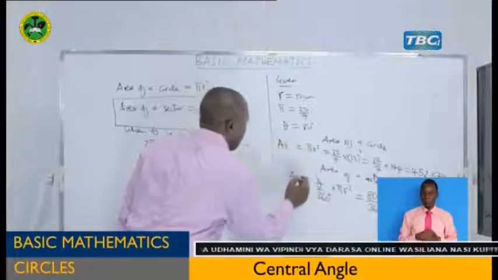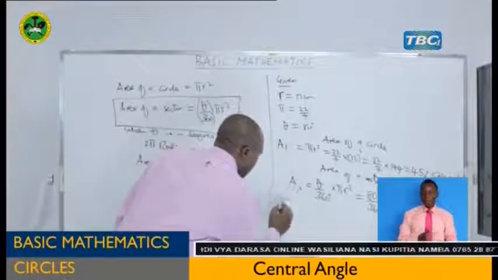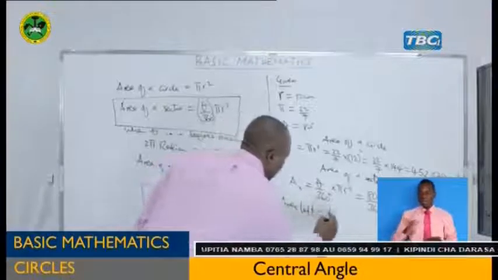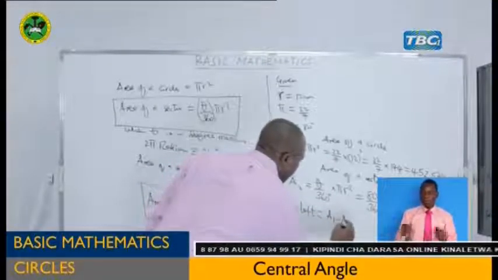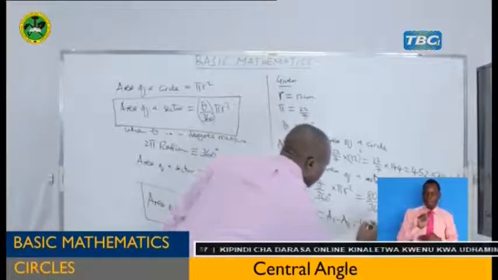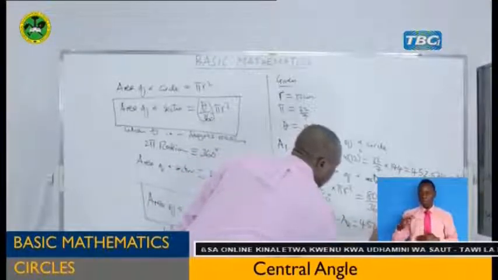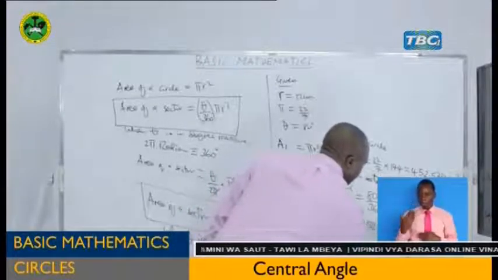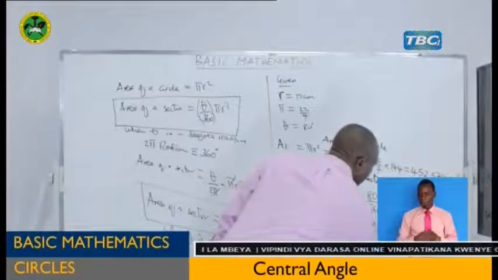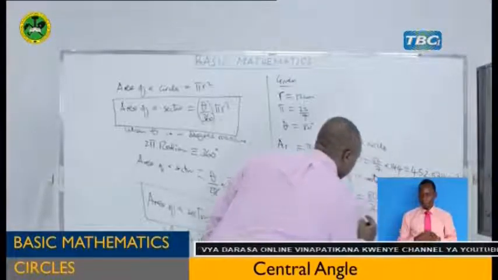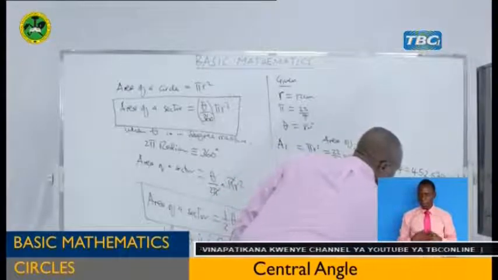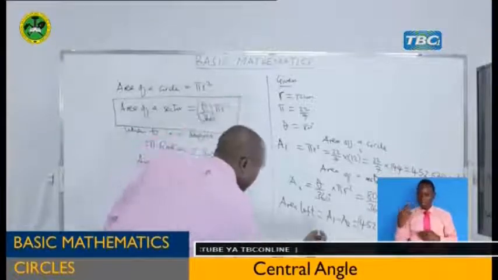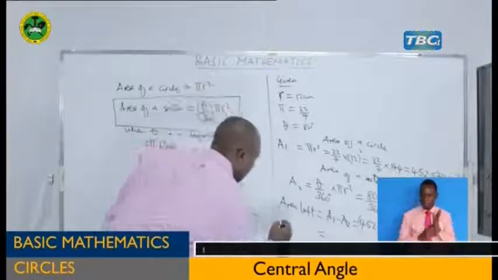So in this case, we say the area left, I call this area 1, and this area 2. So the area left is equal to A1 minus A2, which is the same as 452.5714 minus 100.5714, because all these are given in centimeters squared.